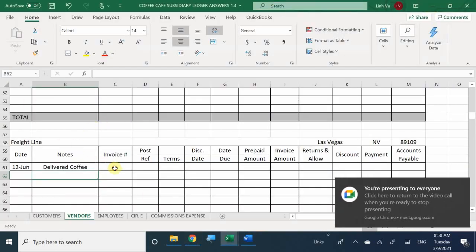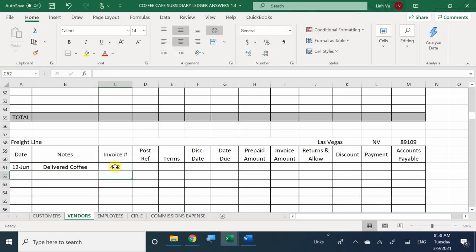Okay. So once again, the invoice was 482, and the post reference once again is general journal number 4.